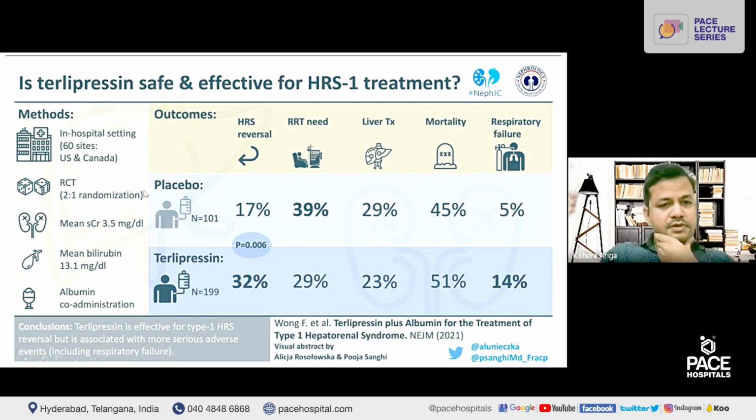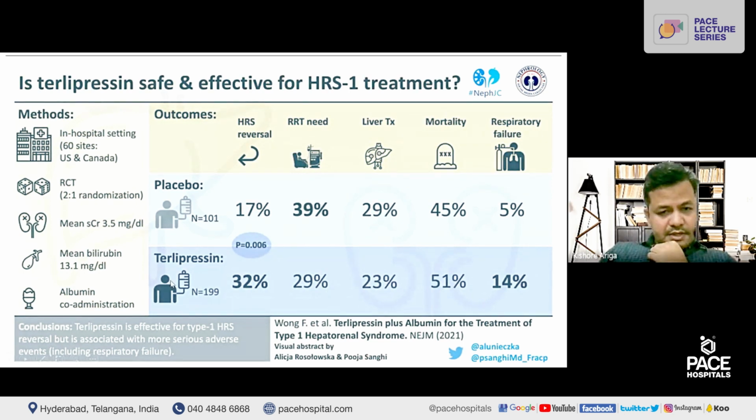So they did the study in the US and Canada with 2:1 randomization. Mean creatinine was 3.5, mean bilirubin was 13.1, and there was albumin co-administration. With terlipressin, there was more HRS reversal, 32% when compared to 17%, and the RRT need was also lower.